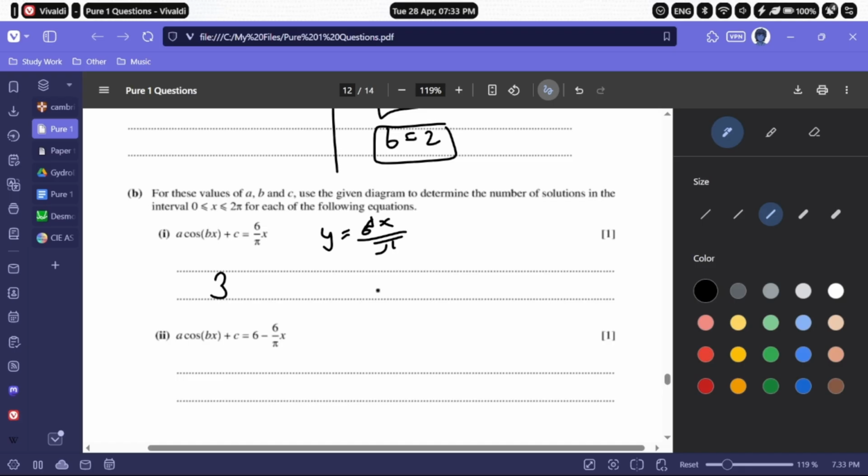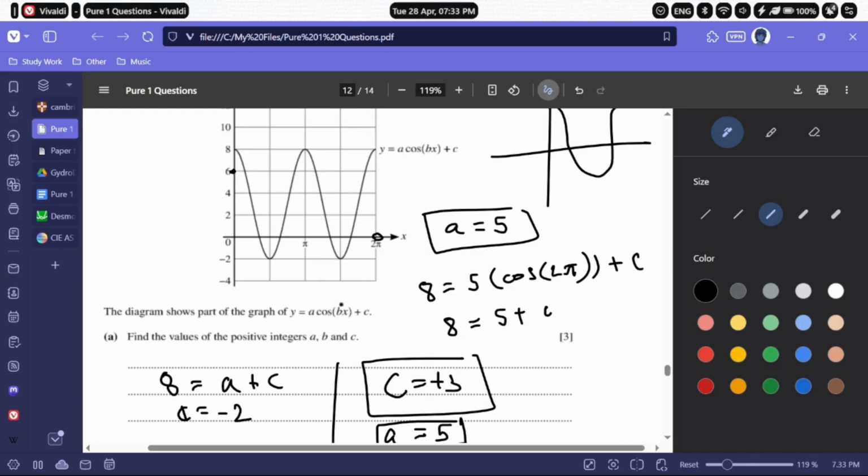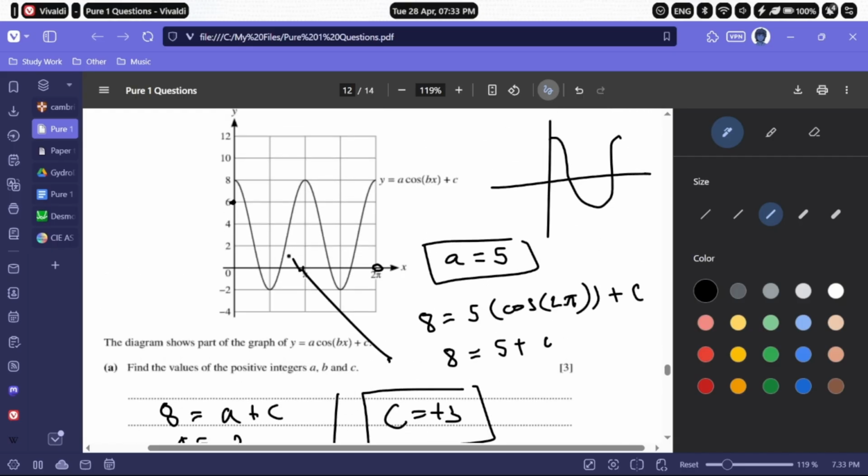So when x is pi, the equation y is equal to 6 minus 6x over pi, because you're basically finding the intersection between your trig graph and your function 6 minus 6x over pi. So when x is pi, it would be like this. Okay, but it's accurate. So you would have 1 and then 2 intersections.